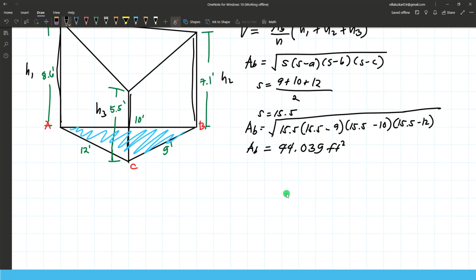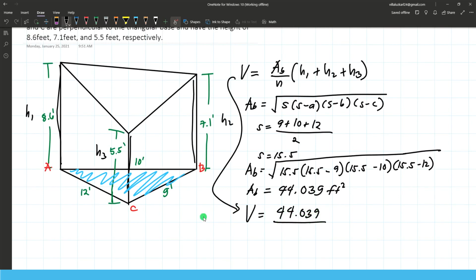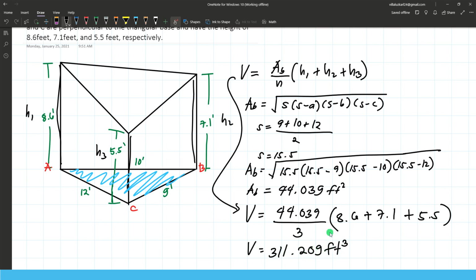Now, using again the formula here, the volume is equal to the area of the base, which is 44.039, divided by n, the number of sides of the base, which is 3, times the sum of all the h. So h1 8.6, h2 7.1, h3 5.5. So the volume is 311.209 cubic feet.